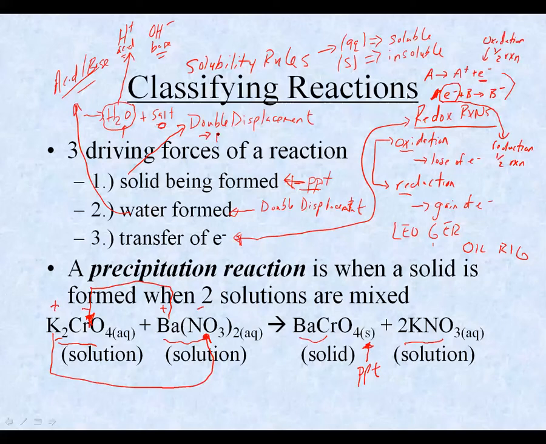So a double displacement reaction oftentimes is a precipitation reaction, like what we see on the bottom of the screen here. And as we saw last time as well, it also could be an acid-base reaction, a neutralization reaction.